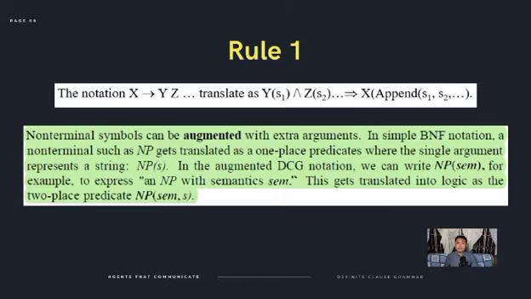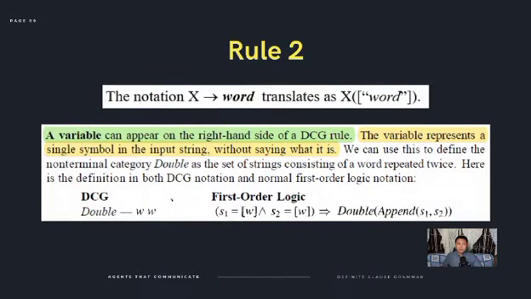In augmented DCG notation, we can write NP(sem), for example, to express an NP with semantic sem. This gets translated into logic as the two-place predicate NP(sem, s). The next rule says a variable can appear on the right-hand side of a DCG rule.